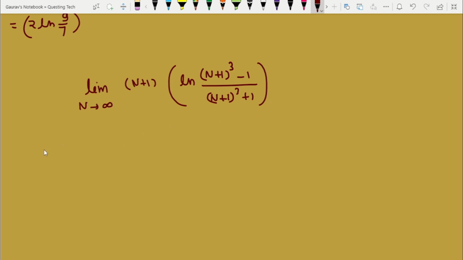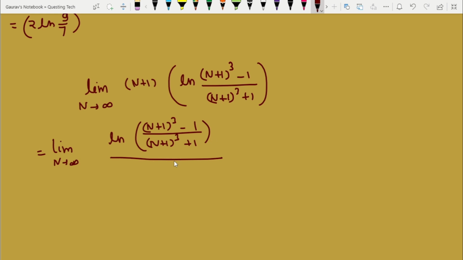We can write this as the limit n tending to infinity, with this ln part in the numerator, and this n plus 1 part we take in the denominator. When n tends to infinity, this number is 0, and this number is also 0. So we can apply the L'Hospital rule here.